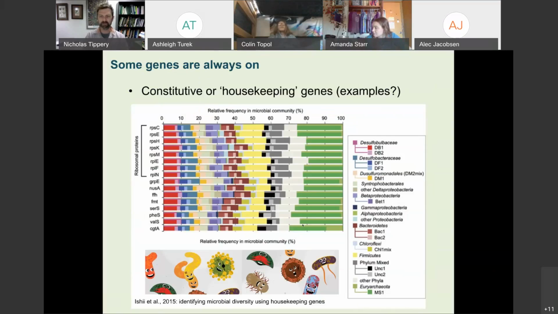Kind of coming back around with this slide to something we talked about already, those genes that are a little more essential. So there are genes that their instructions are essential, and then there are also genes that are basically always transcribed. So if you think about maybe the function of people working in a city, right?